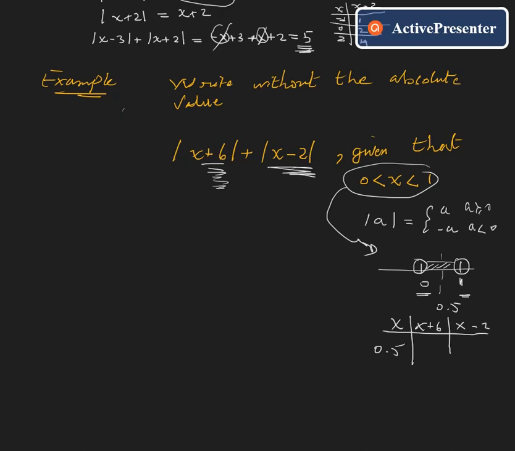x plus 6, if we check 0.5, should be 6.5, which is a positive number. If I put 0.5 in x minus 2, it should be minus 1.5, so it is a negative number. And x is greater than 0 and less than 1, so the absolute value of x plus 6 will remain the same.